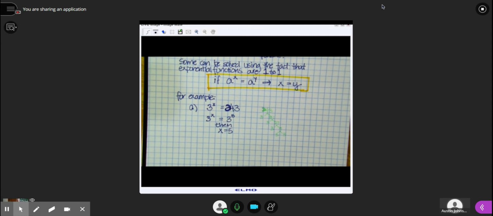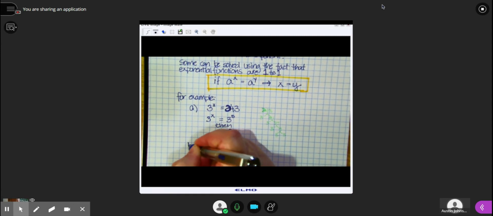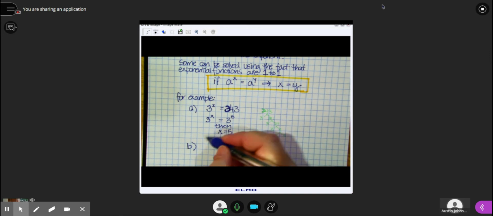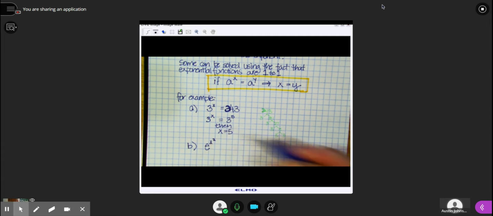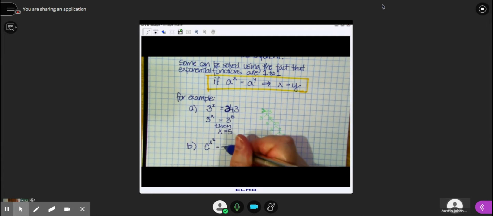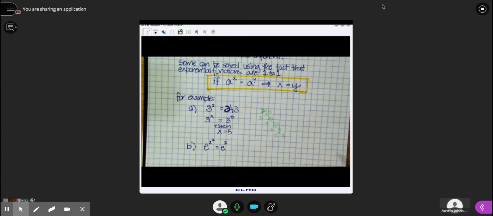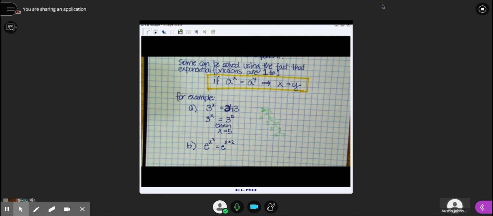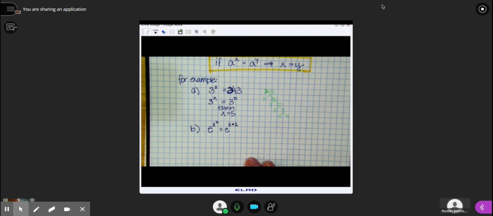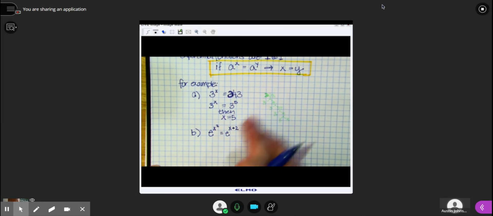We can kick it up just a tiny bit if we do something like e to the x squared is equal to e to the x plus 2. Then using this property, a to the x is equal to a to the y, we know that x squared has to equal x plus 2.